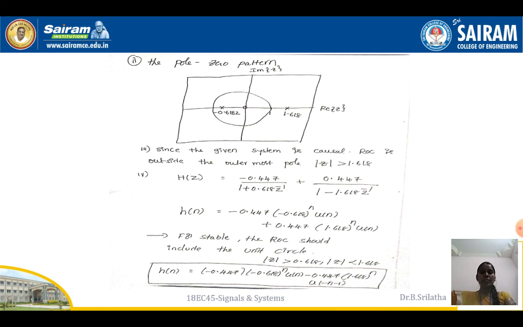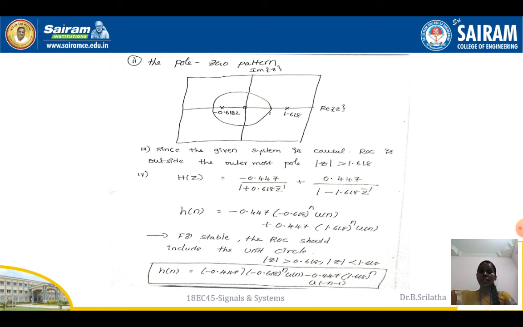For the stable system, the ROC should include the unit circle. Correct? That was for the causal system, where ROC should be outside the outermost pole. For the stable system, ROC should include the unit circle, which means mod of z is greater than 0.618 and less than 1.618.